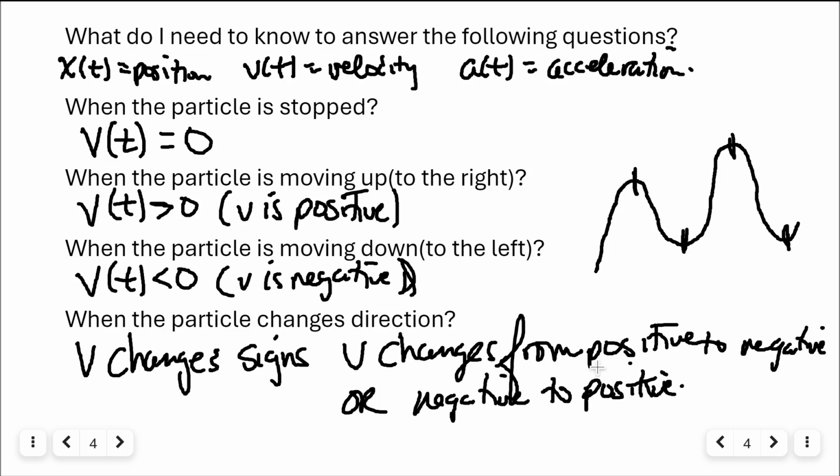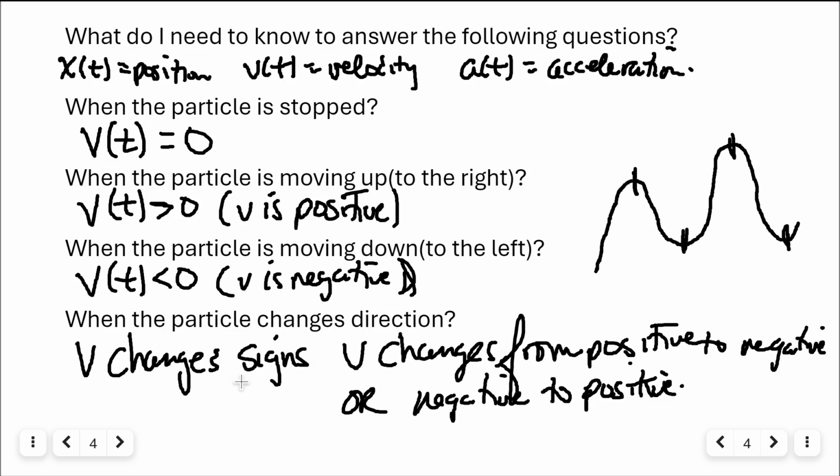Because that's where something can change sign, where the velocity changes from positive to negative or changes from negative to positive. Because if the particle is moving up, the velocity is positive. When the particle is moving down, the velocity is negative. So it changes direction, whether it changes from going up to going down or going down to going up. That's another way to change directions.